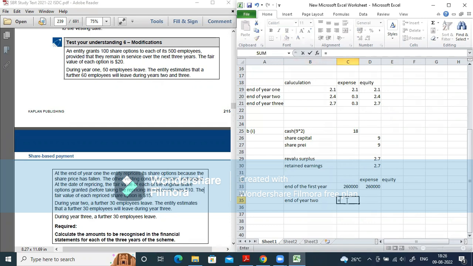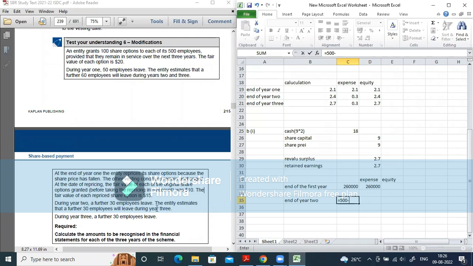So as it is, first we'll take now the end of year 2. So during year 2, a further 30 employees left, and the entity estimates that a further 30 employees will leave during year 3. So 500.